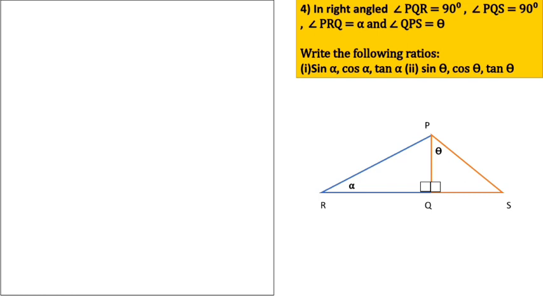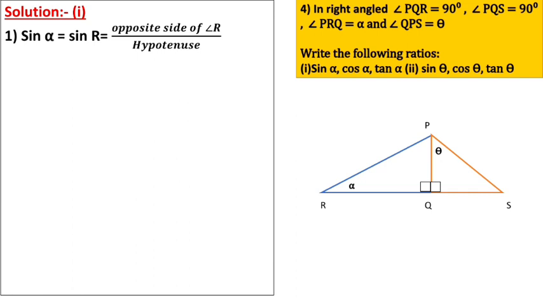Now in triangle PQR, the first ratio we have to find is sin alpha. Alpha value is given of which angle? Angle R. As per angle R, opposite side of angle R upon hypotenuse. As per alpha, the opposite side is PQ and the hypotenuse will be what? PR. PR is opposite of 90 degree, so PR will be the hypotenuse. So the answer is PQ upon PR.